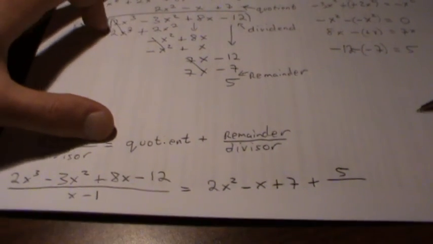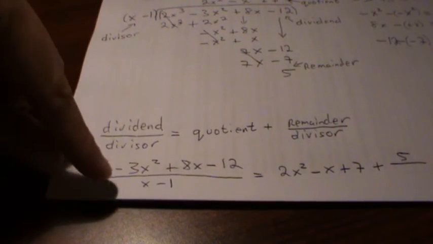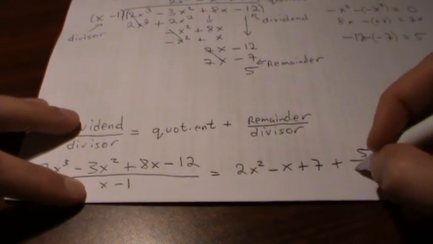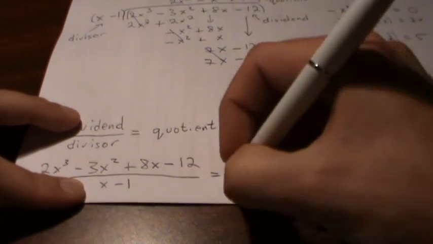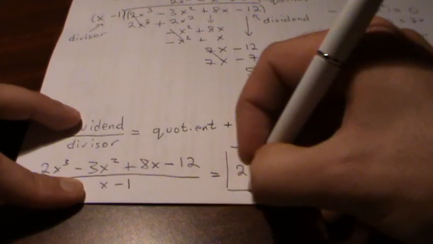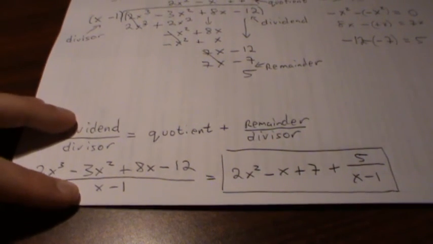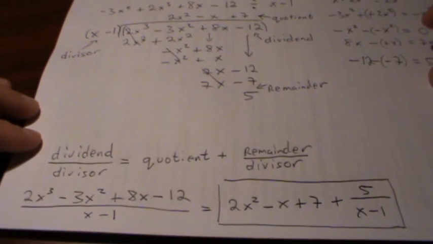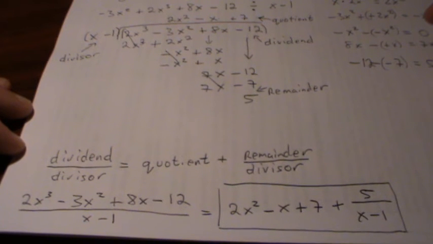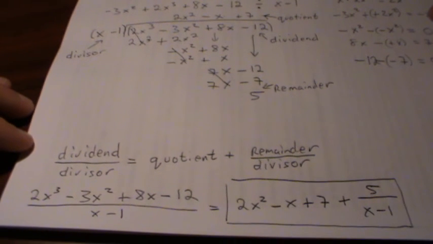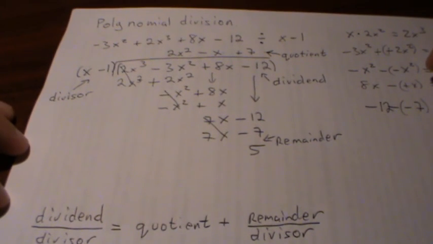And the divisor goes here, x minus 1. And so this is the result right there. Okay? And there we have it. That's all of it right there. So there is dividing polynomials.